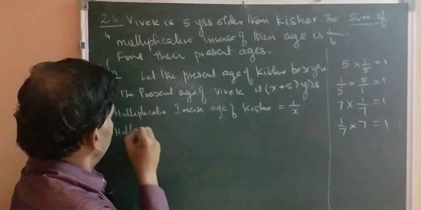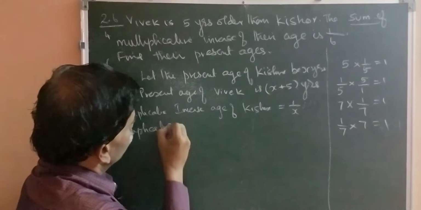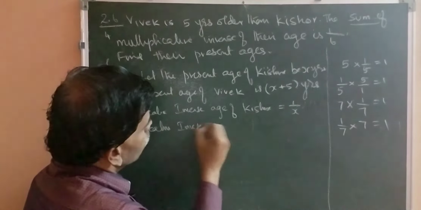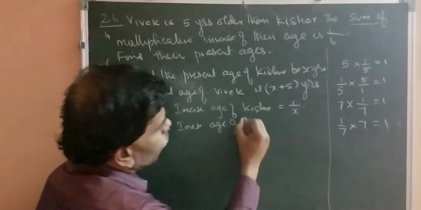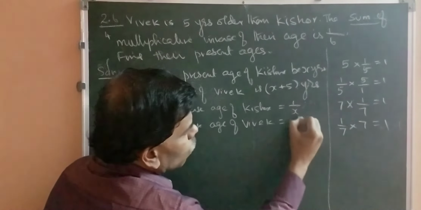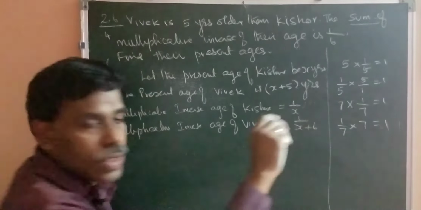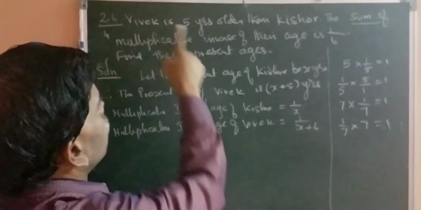Similarly, the multiplicative inverse of the age of Vivek is equal to 1 upon X plus 5. So now we have written this and this.